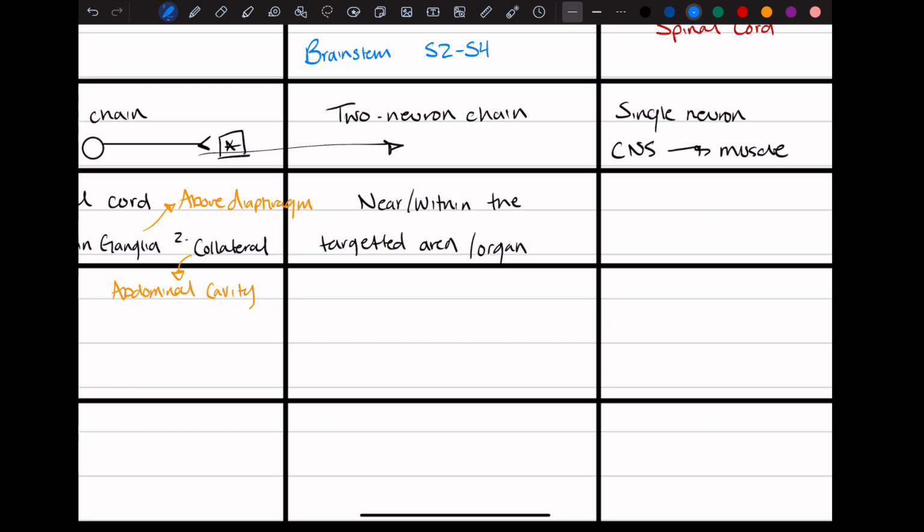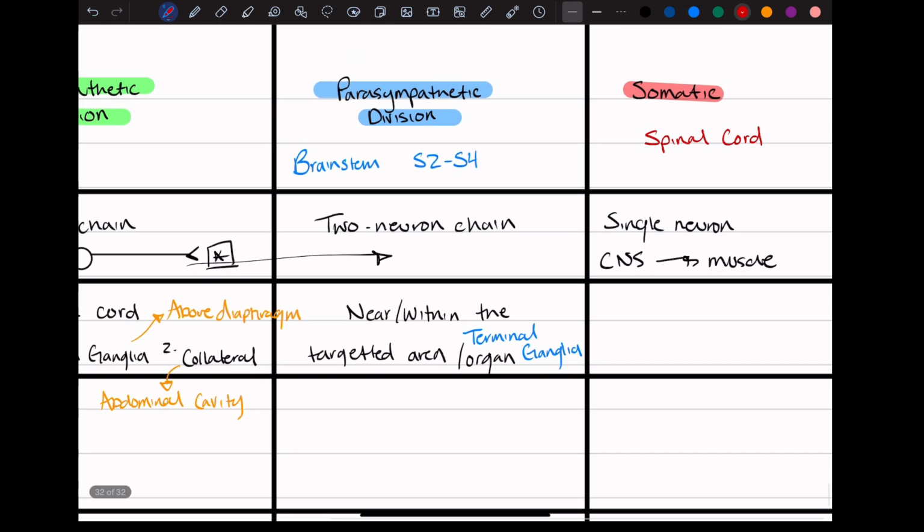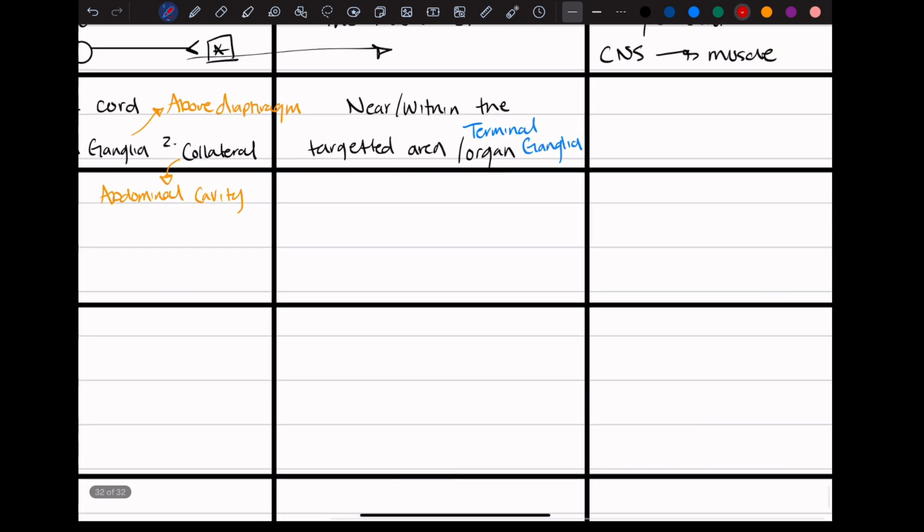We'll call this terminal ganglia. And somatic has no ganglia.